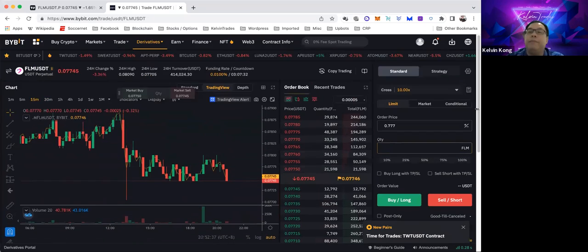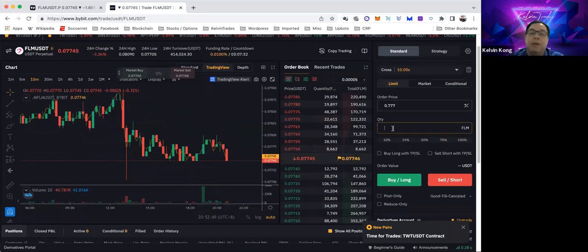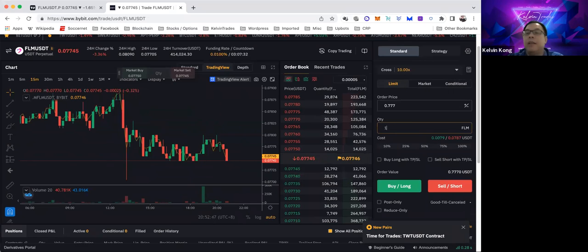We're gonna short, right? So how much do I want to buy? Actually, you don't need that USDT thing here to know how much you're actually paying for the trade, because how much you're paying will be stated here.